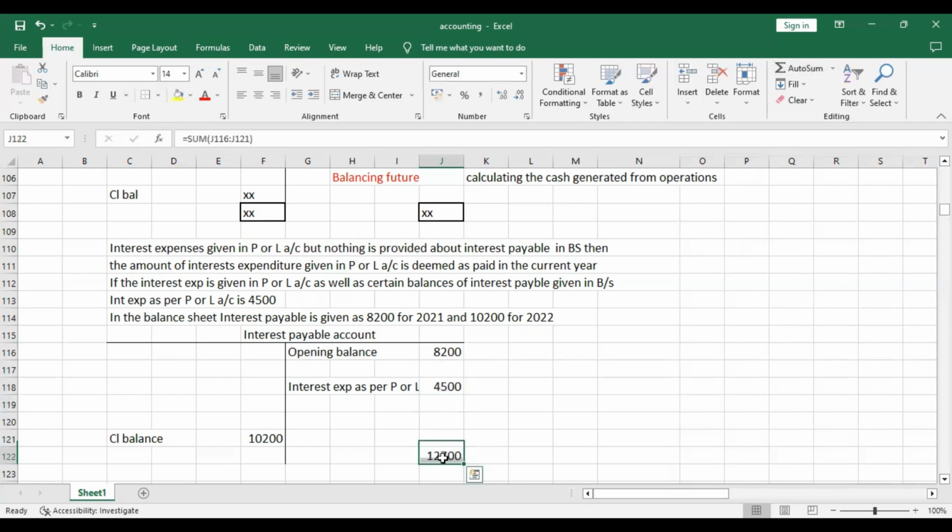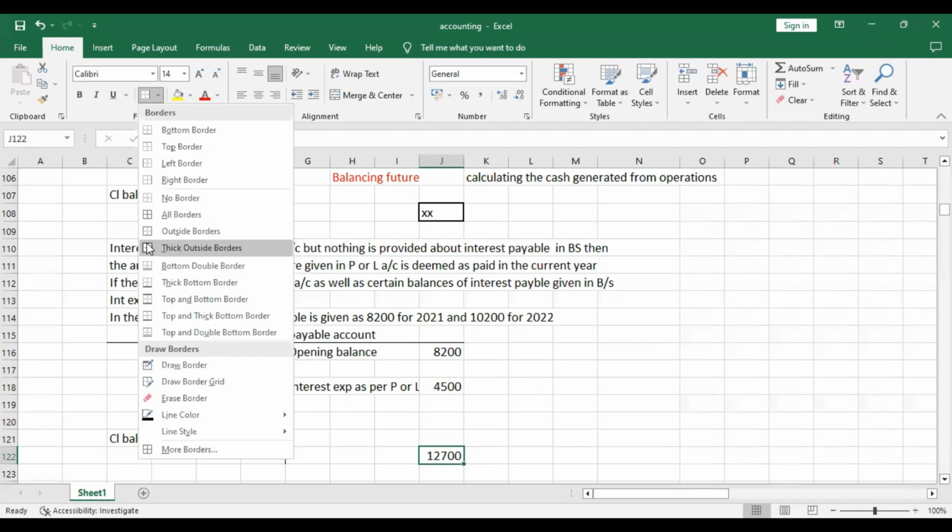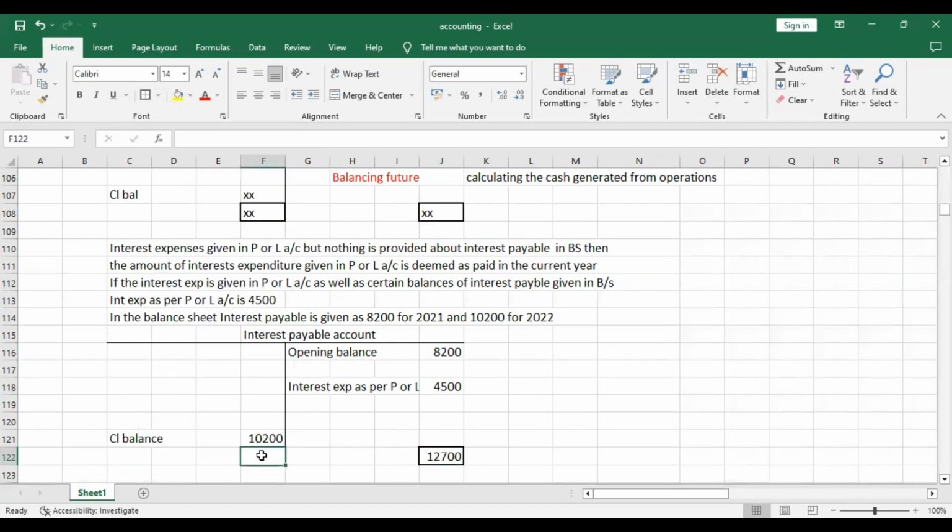So the total on the credit side is coming to 12,700. So 12,700, you bring the other side to balance the account. Then find the balancing figure. So that is called as debit side. Interest paid is the balancing figure.